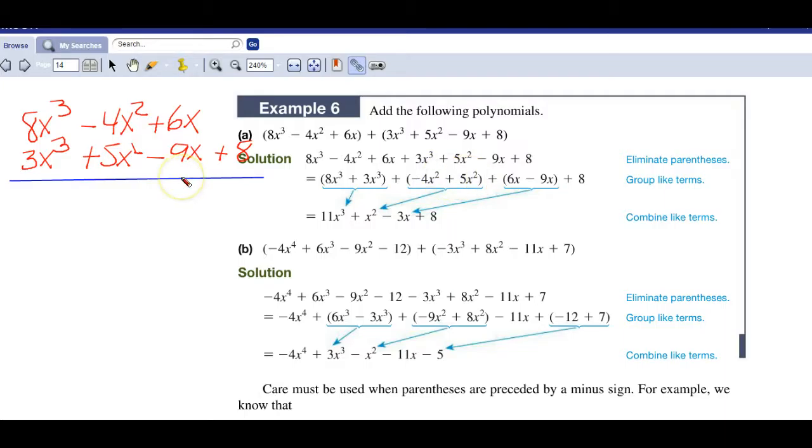But I like this idea of lining them up into like term vertical columns. So I just take the 8, put it there, this there, this there. And then from here, I'm putting these under the like term columns. So now when I add this up, and then here I'm careful of my signs.